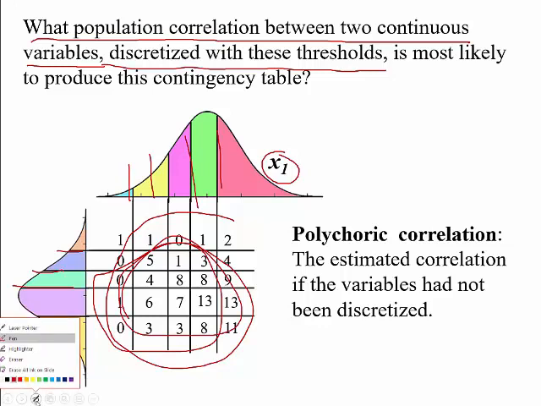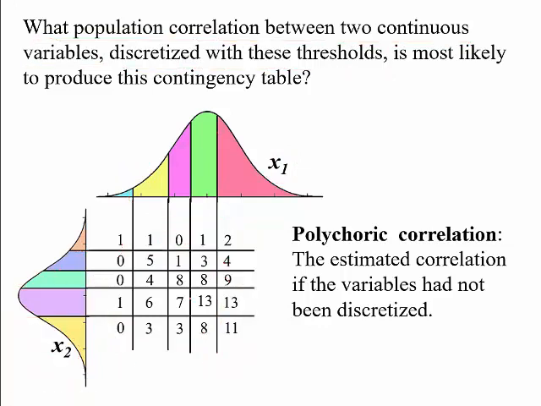The formulas and iterations for doing that get rather complex, but if you think about what we've been talking about with structural equation modeling, it makes sense that we can estimate these things. There are formulas we could use to say what population correlation between 2 continuous variables, given the way we've discretized them, is likely to reproduce this contingency table.